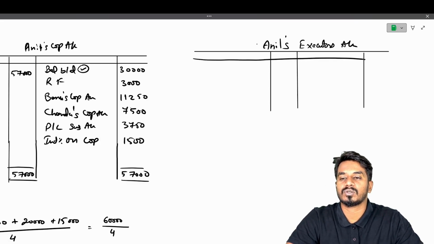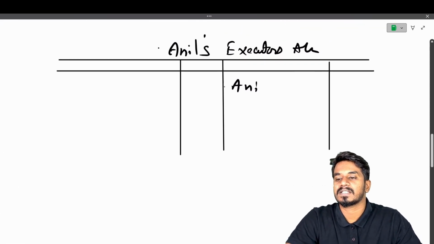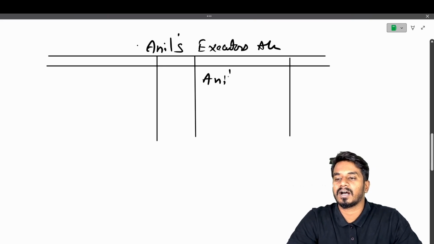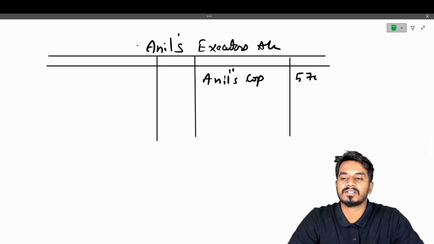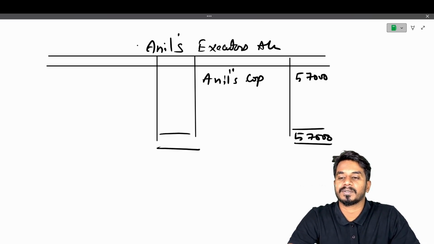In this, we will take the balance. What is Anil's capital now? Anil's capital is 57,000. We have just calculated it in the partner's capital account. The total will be 57,000 only.